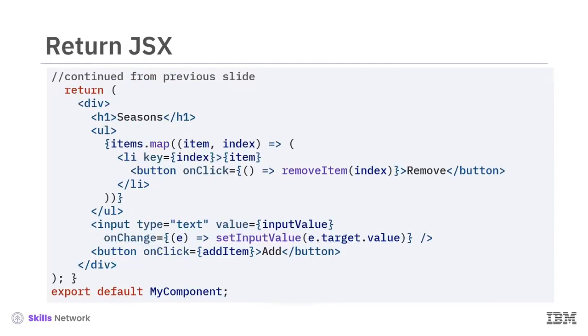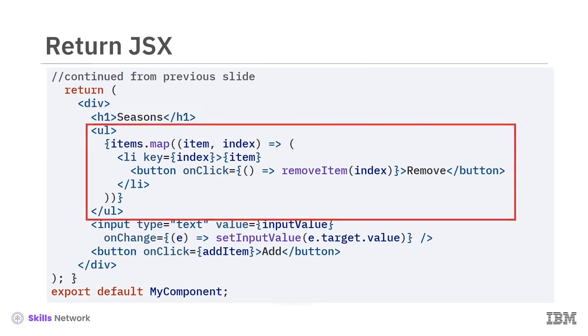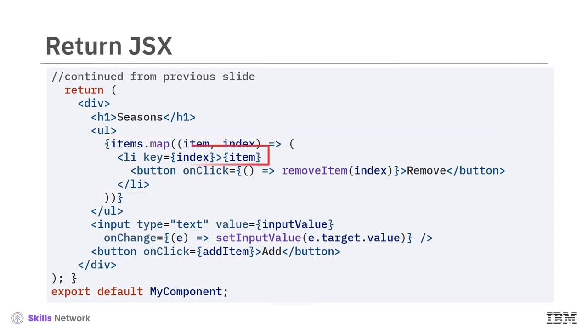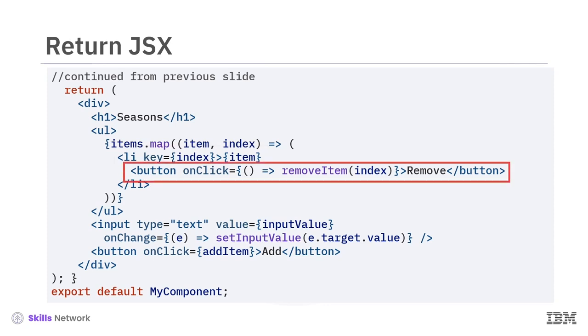Rendering JSX. The component returns JSX markup representing the structure of the component's output. It includes an H1 heading, Seasons, an unordered list, UL, and a dynamic list of list items, LI, generated using the map method. Each list item displays a season from the items array and contains a remove button.